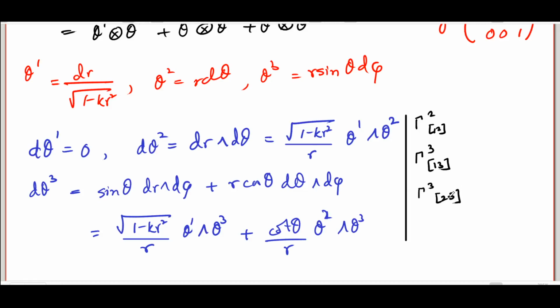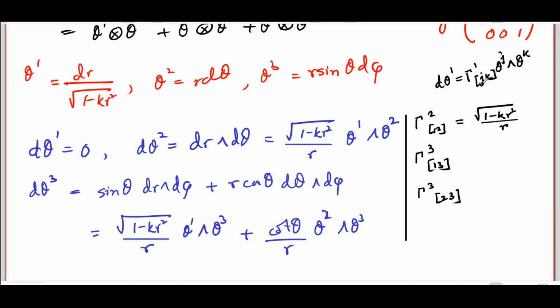You need to exercise just a bit of care before you read this off. It might seem like this is given by root over 1 minus kr square by r, but you have to realize that when you say d theta 1 is gamma 1 square bracket jk theta j wedge theta k, you actually have two terms here.